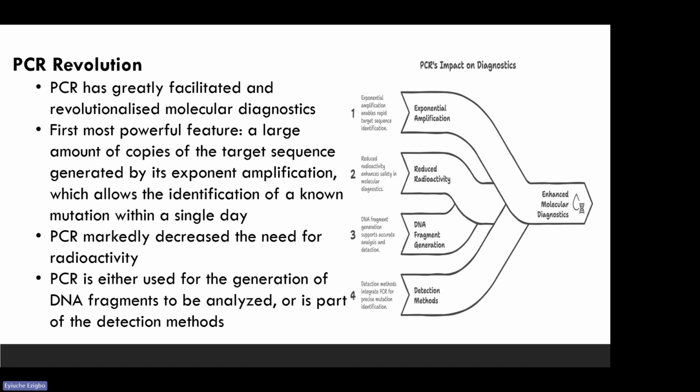So PCR has greatly facilitated and revolutionized molecular diagnosis. The first most powerful feature is that a large number of copies of the target sequence is generated by its exponential amplification, which allows the identification of a known mutation within a single gene.